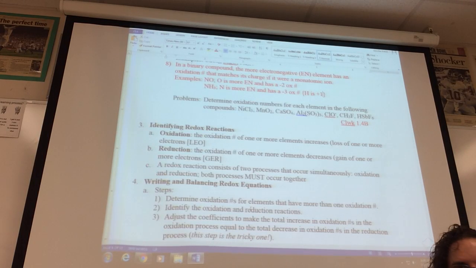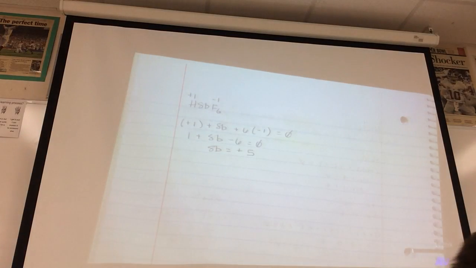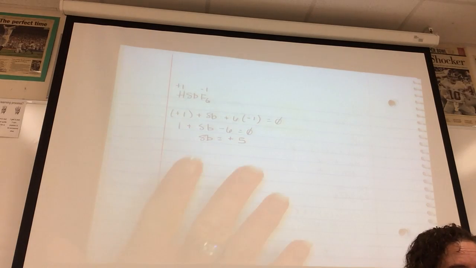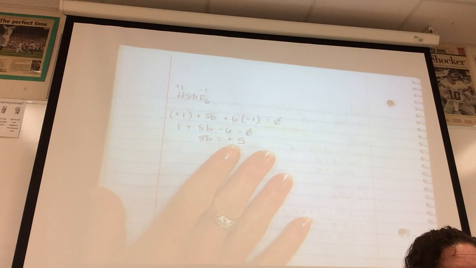Did you get it? Yes? Oxidation numbers take practice. They're not hard.